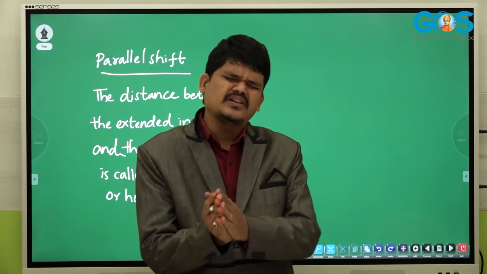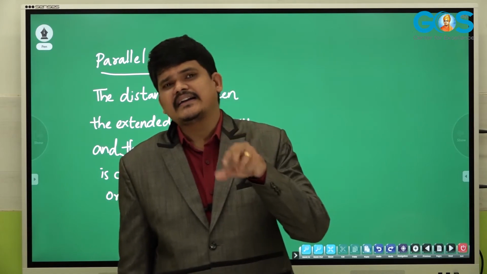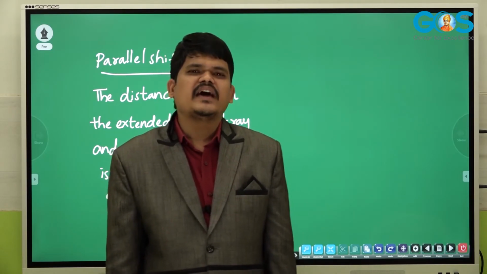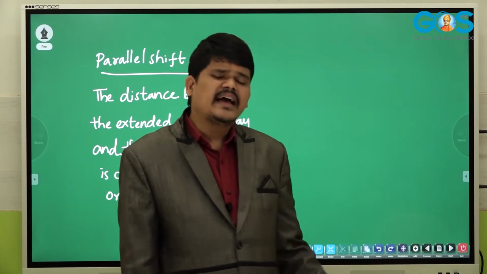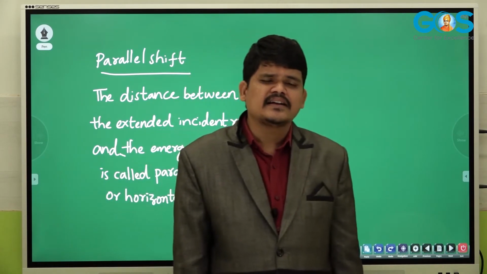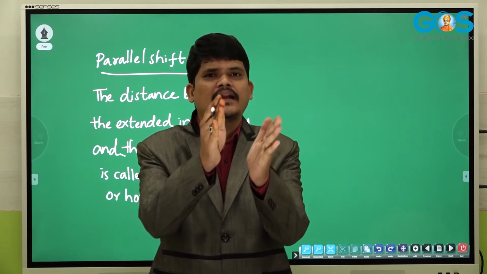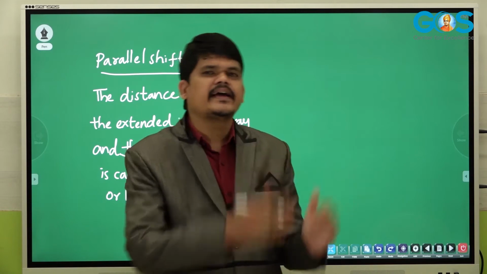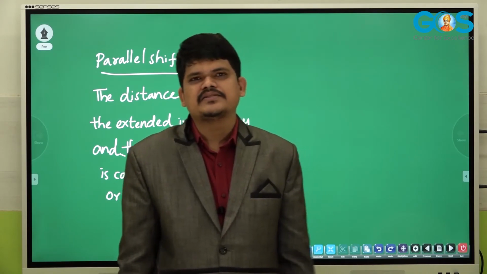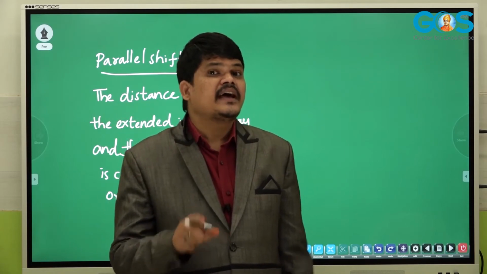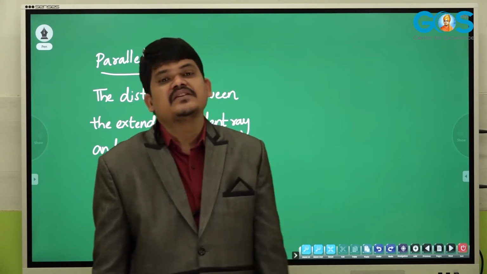For both questions, the content is the same, just one or two steps of extension. If they ask the angle of deviation produced by a rectangular glass slab is 0 degrees, so if you show the two rays, the extended incident ray and emergent ray, are parallel to each other, your job is completed. If they ask parallel shift, again you need to find the distance between those two rays.